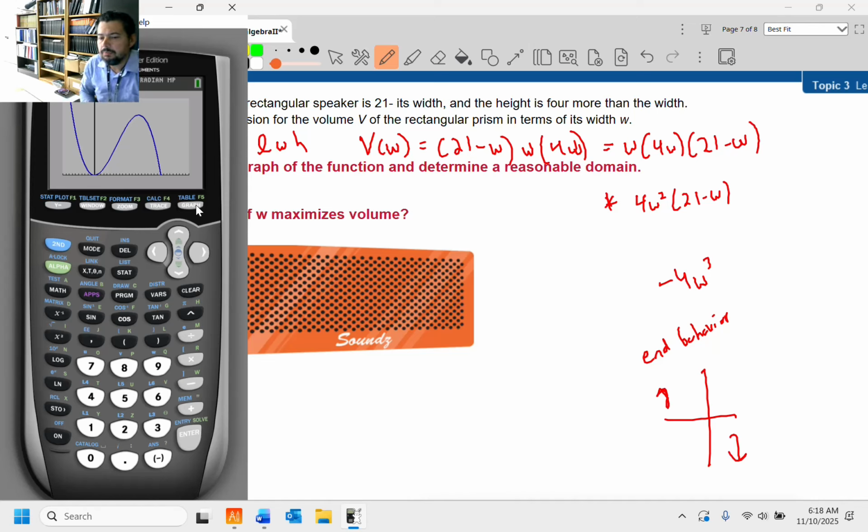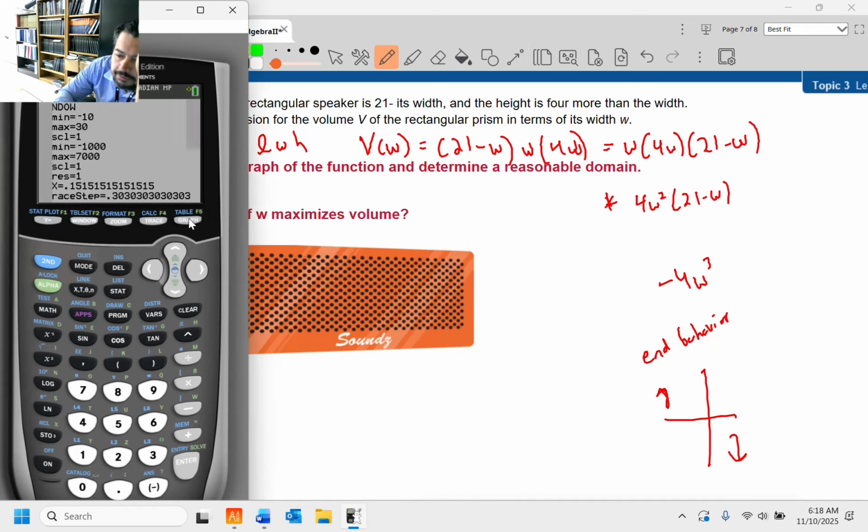Now, a reasonable domain, this stuff over here doesn't make sense because this is where the width is negative, okay? Looks like that's it. Now, let me play with the window some more here. Let's set a y min of like negative 1,000 so you can see this. Why are certain things not worried about?